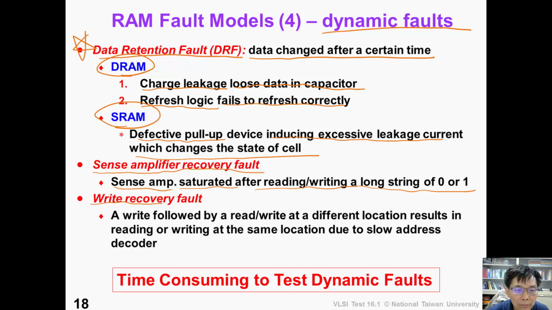We also have write recovery fault, which means a write followed by a read or write at different location results in reading or writing at the same location due to slow address decoder.